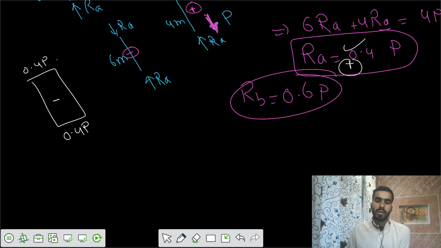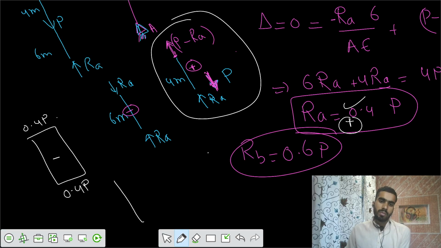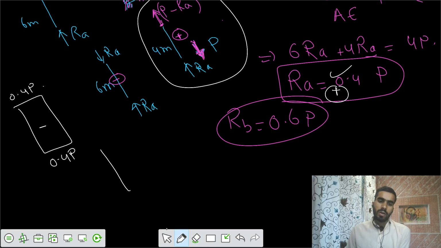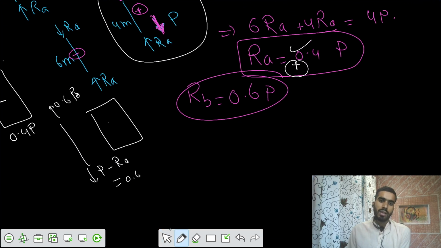And if I want to find the value of this one, there's some net value of P minus RA, that's 0.6 tensile, 0.6 tensile. And initially I assumed that the direction of P is also upwards, so the direction for this one is tensile.